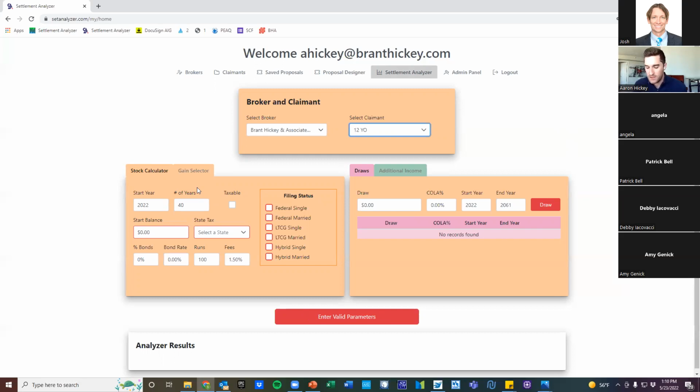And what I want to explain to you before we get into the specifics of what to input is the general idea behind this software. This software grew in 2019 out of a general idea to understand why structures are better in certain circumstances than an investment portfolio.